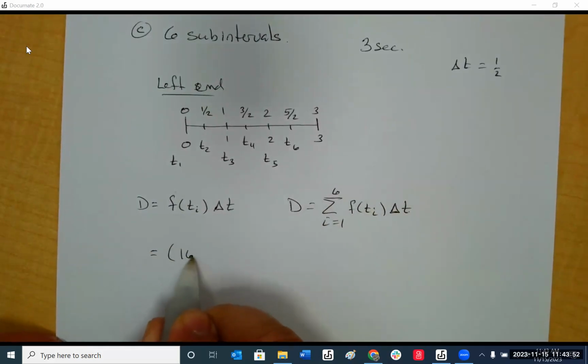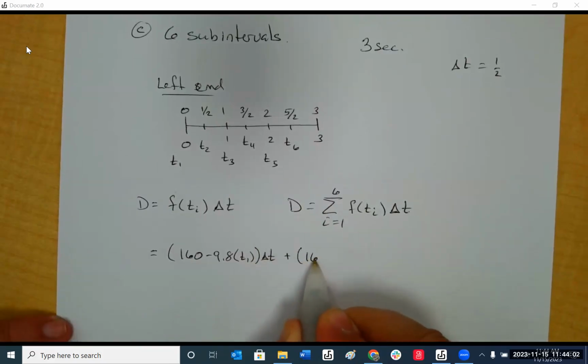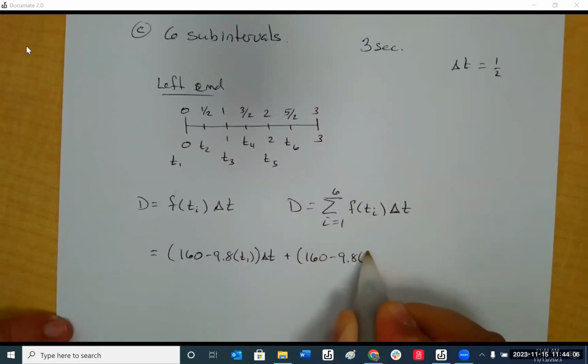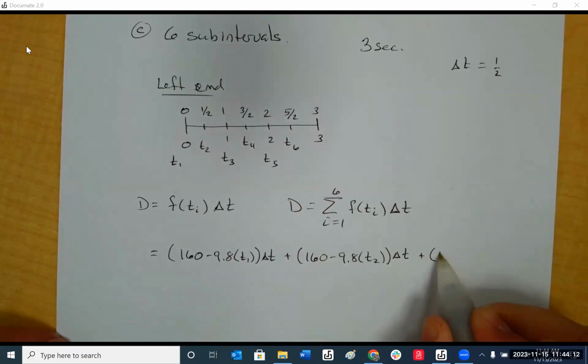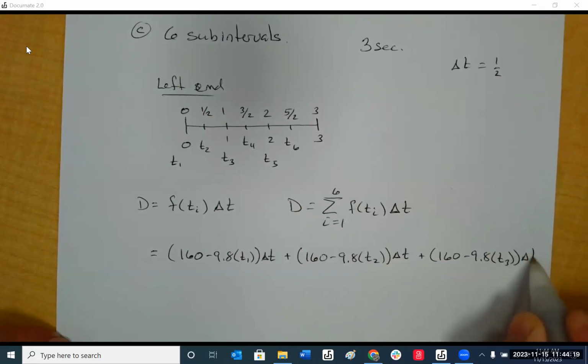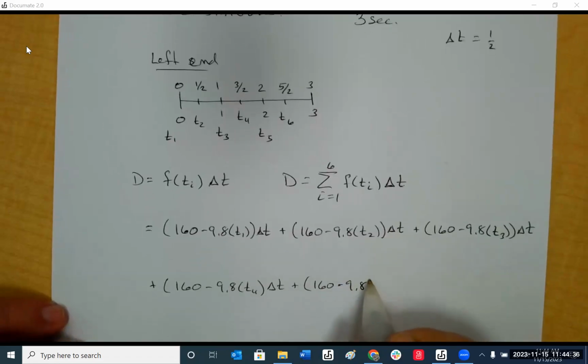It means 160 minus 9.8 T1 delta T, plus 160 minus 9.8 times T sub 2 times delta T, 160 minus 9.8 T3 delta T, 160 minus 9.8 T4 delta T, 160 minus 9.8 T5 delta T.